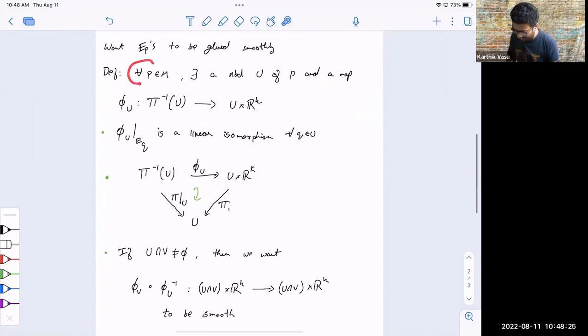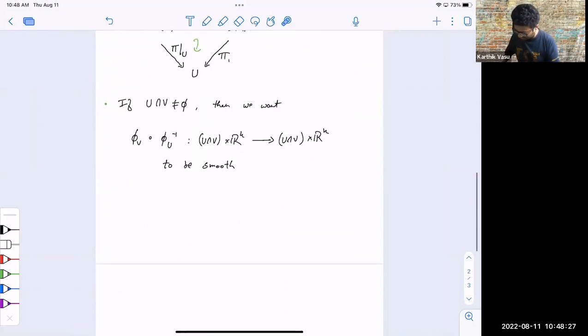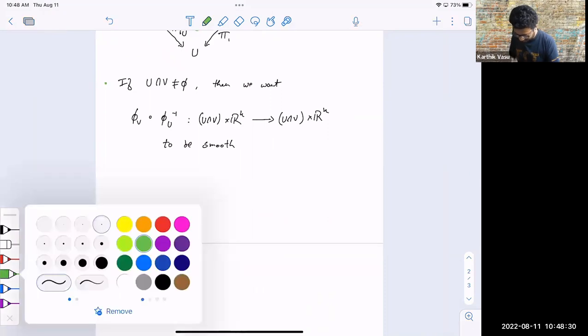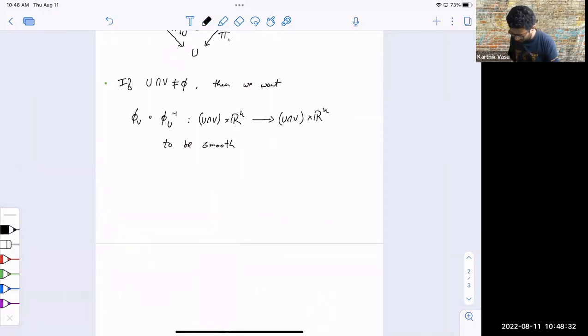So for every point on your base, you can draw a picture here. Let's say I have this base space here, and on top I will have, let's say, a rank 1 bundle, which is just like this.